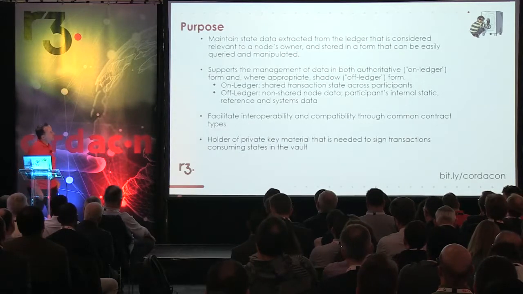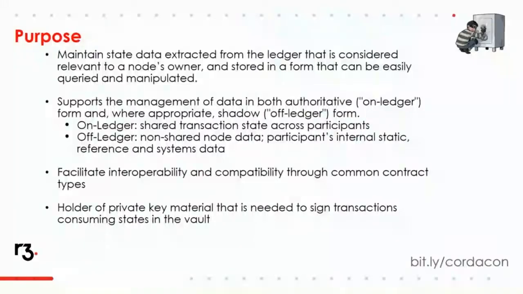So the purpose. Within Corda, we talk about contracts, and every contract in Corda has states. Those states are the artifacts that are spent. They're the inputs and outputs to commands, and they are the artifacts that are stored in the vault. So you can consider a state as a valuable asset.